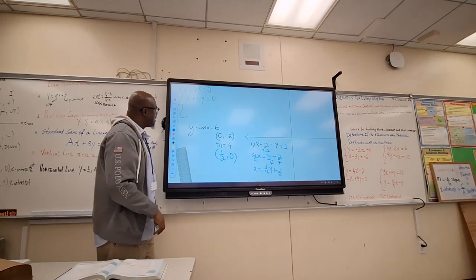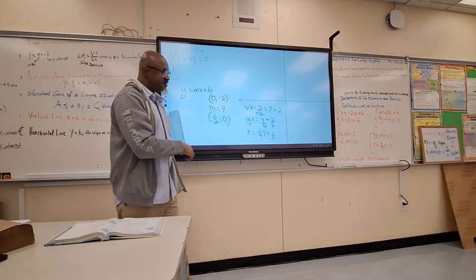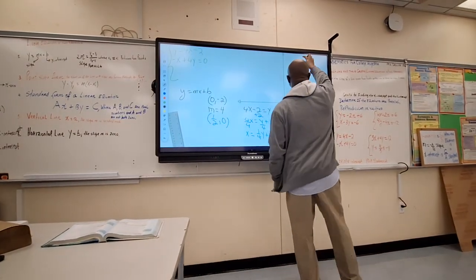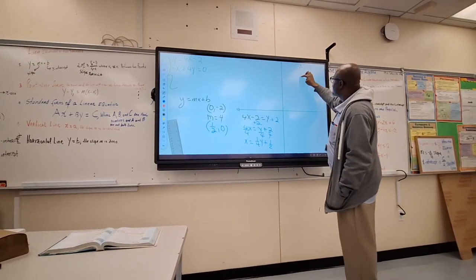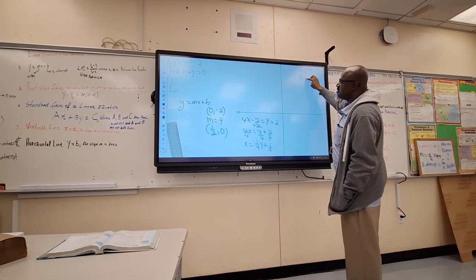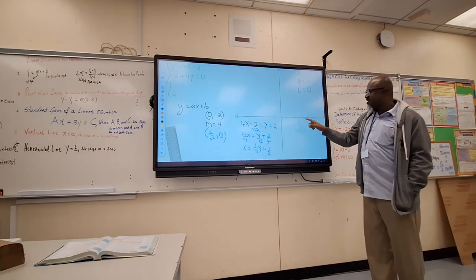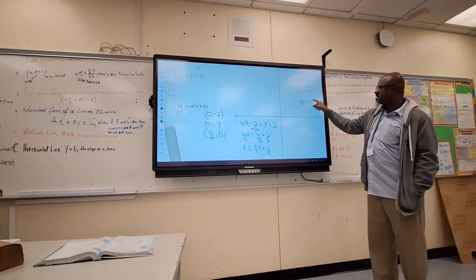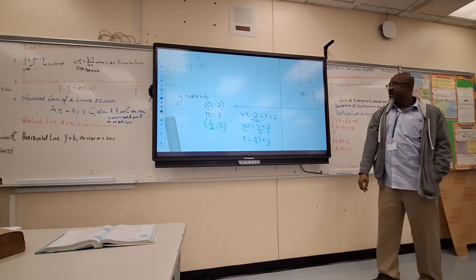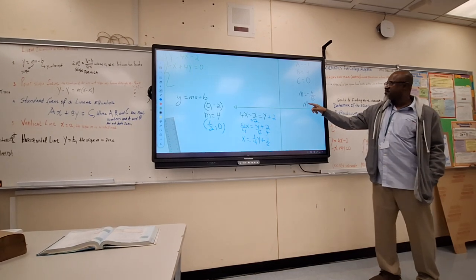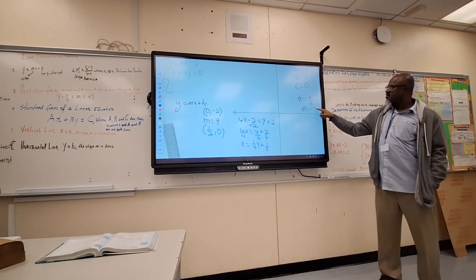So we go to the next one. Alright? This is in standard form. So far so good? What is A? Negative 1. What is B? 4. And what is C? 0. Alright? To find your slope, it's negative A over B. In this case, what is the slope? 1/4.